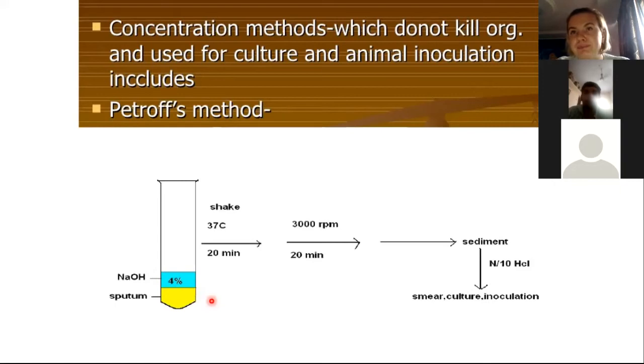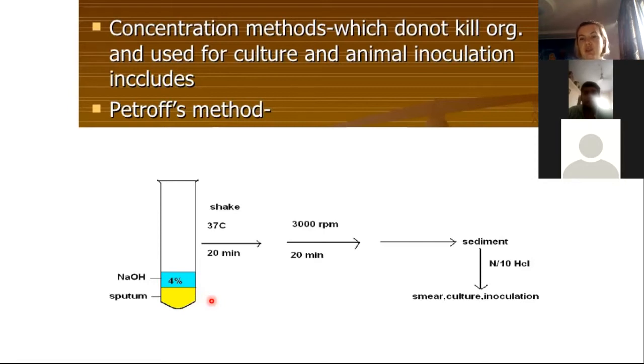You should take a sedimentation. How will you prepare the enrichment sedimentation of tuberculosis bacilli? You add sodium hydroxide to the sputum. You add 4% sodium hydroxide. Shake it for 20 minutes at 37 degrees incubation.